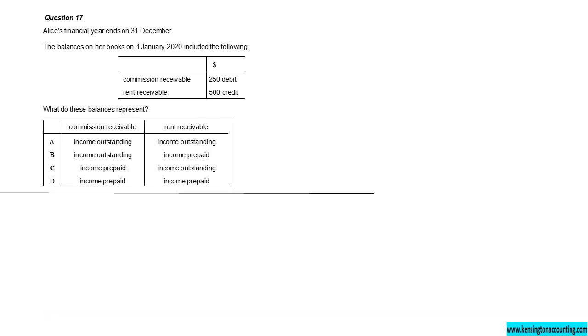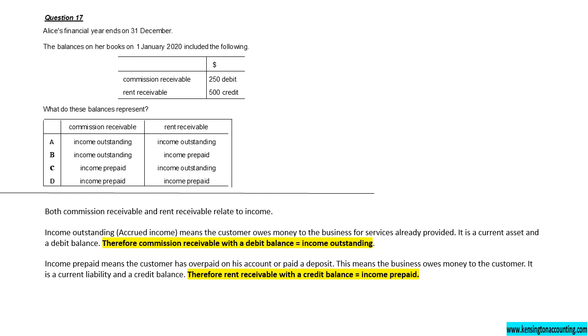This question deals with other income, and we are talking about prepayments and outstanding income at the end of the year or the beginning of a particular year. Both commission receivable and rent receivable are income.